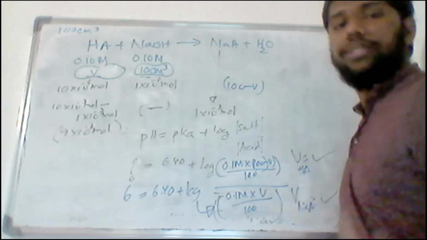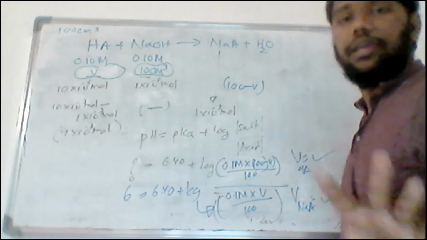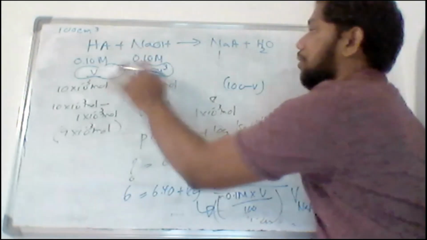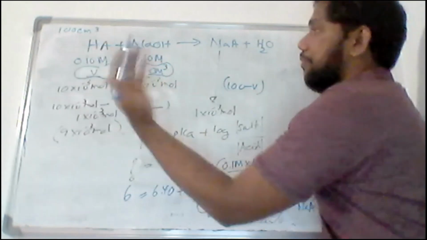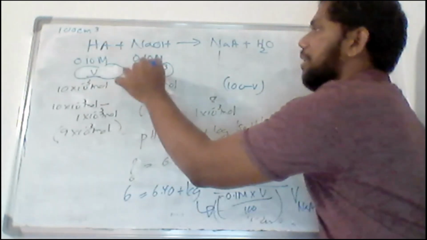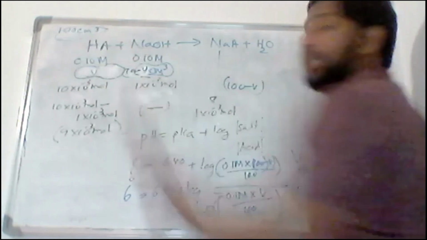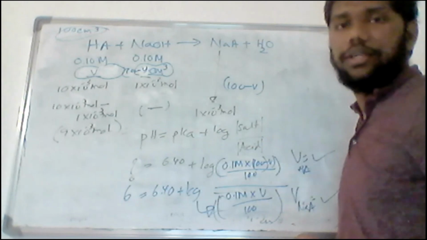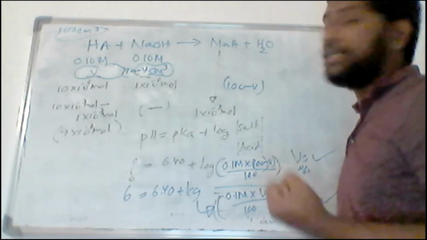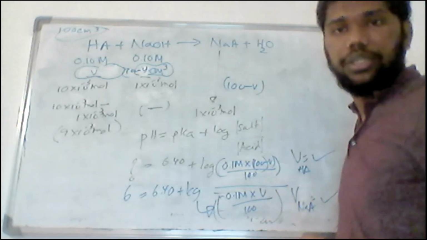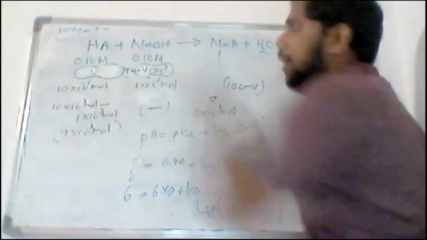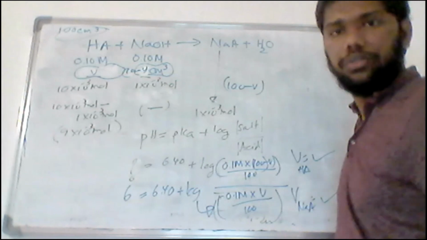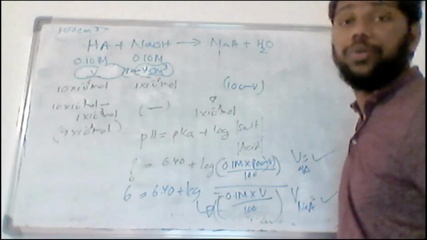Which you should understand, even though this is my volume of the salt, this is 100 minus V, this is the total volume that I am expecting to make. So what I am telling you here is, check the concentration that I have used here, 0.1 M, 0.1 M. So when you mix it, it will be 0.1 divided by 2, which is 0.05.